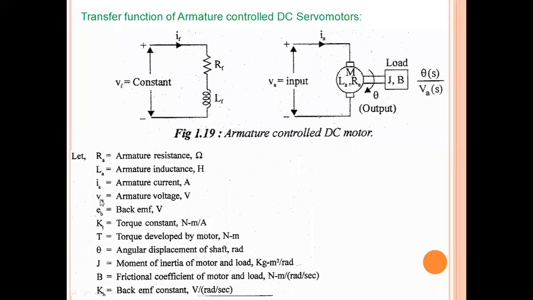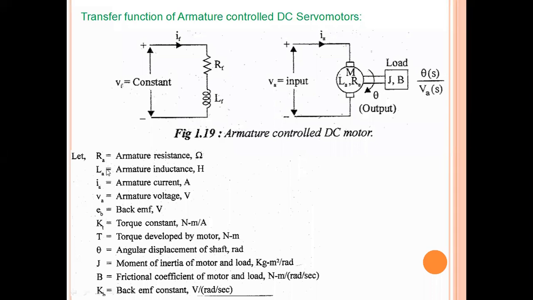Armature voltage is also represented in the lowercase because it is also a time domain function. Remember, time domain functions are always represented in the lower cases. When we convert them into the Laplace domain, then we will represent them in the upper cases. Okay, so ia, va, and eb, which is back EMF, these three are the time domain functions. That's why these three terms are represented as lower cases.